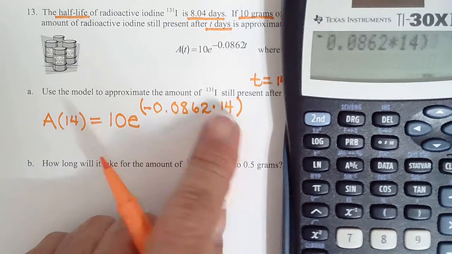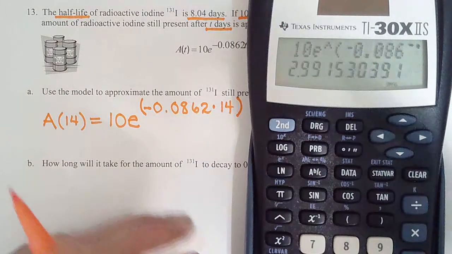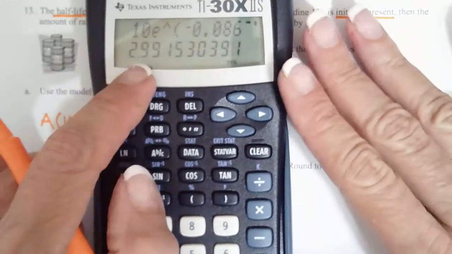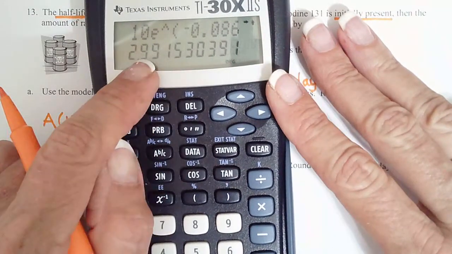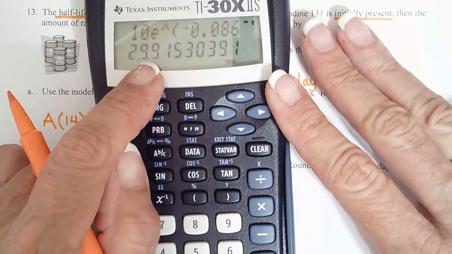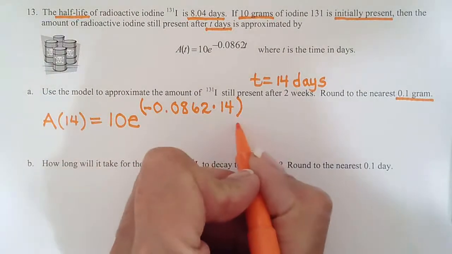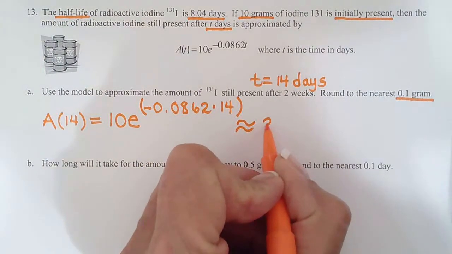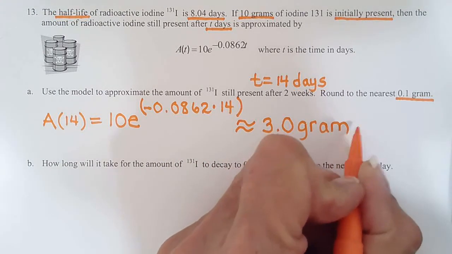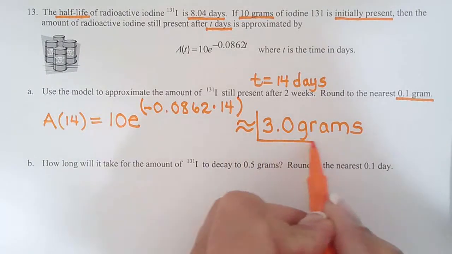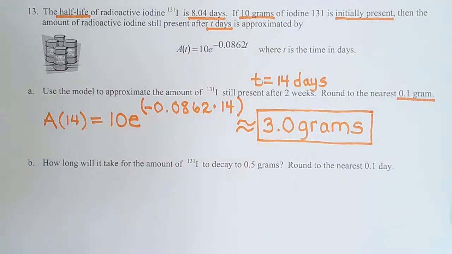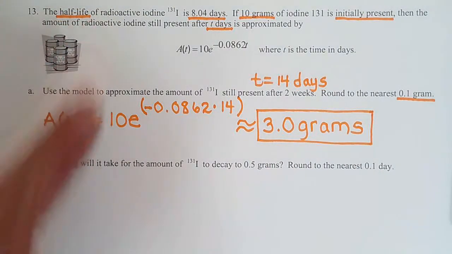Hit enter, and it says round to the nearest tenth of a gram. So 2.9 followed by a 9 means make that 10, which makes that 3.0 grams. So approximately 3.0 grams are left of the iodine 2 weeks after it began its radioactive decay.